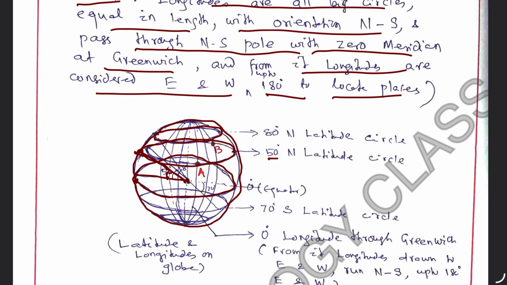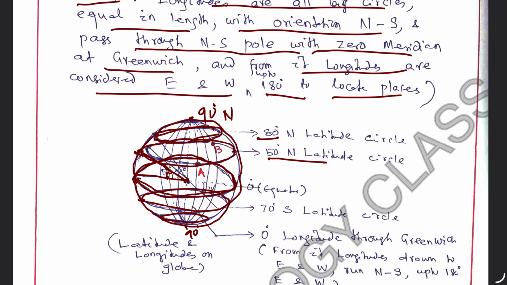So, if it is 50 degrees north latitude, this will be say 80 degrees north latitude, and here it will be 90 degrees north latitude. Similarly, in the southern hemisphere we have 70 degrees south latitude, 80 degrees south latitude and 90 degrees south latitude. So, latitudes are complete circles, and the biggest circle is the equatorial circle, and smaller circles are the higher latitudes.